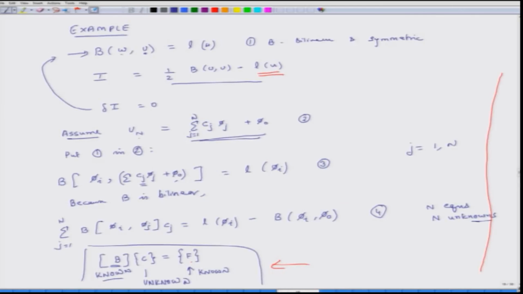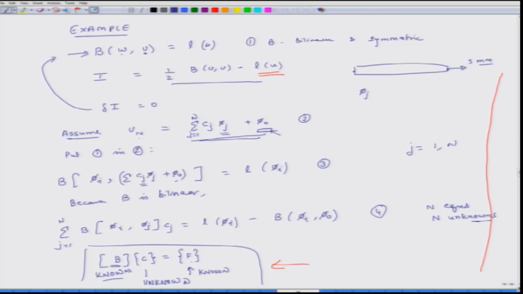The other thing is that I also had this phi 0 term. Now, the phi 0 term helps us take care of this: suppose you have a bar and there is a displacement of 5 millimeters at one end. Then all the values of phi j will be 0 at this end and this end, right, that is how we are picking them.